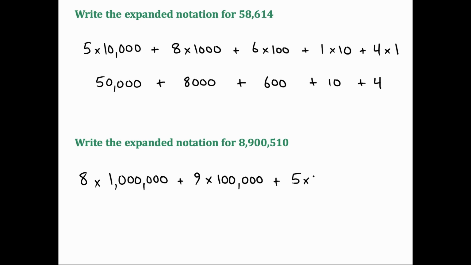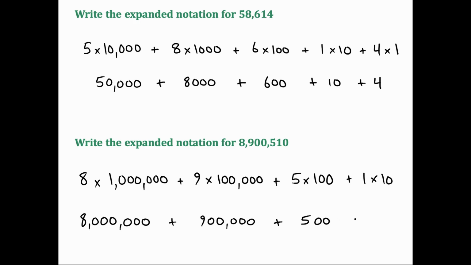Then we have a 5 in the hundreds place, and a 1 in the tens place. We can actually skip all the zeros. We get 8 million plus 900,000 plus 500 plus 10. And that's the expanded notation.